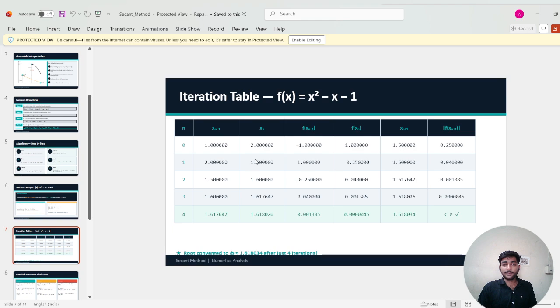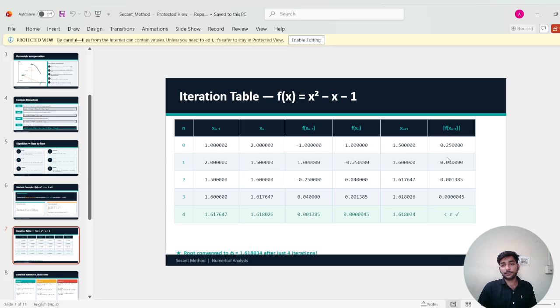We will update the value of x(n-1) by x(n) and x(n) by x(n+1), and then again we find the value of x(n+1), and repeat this process.